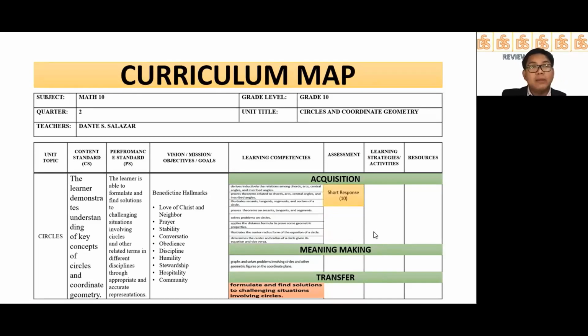Sanay na sanay tayo dyan. Halimbawa, solve problems involving circles, mga simple computation, matching type, and of course, multiple choice. So these are objective type of tests which assess students' mastery of skills and knowledge. And these are all related to acquisition.